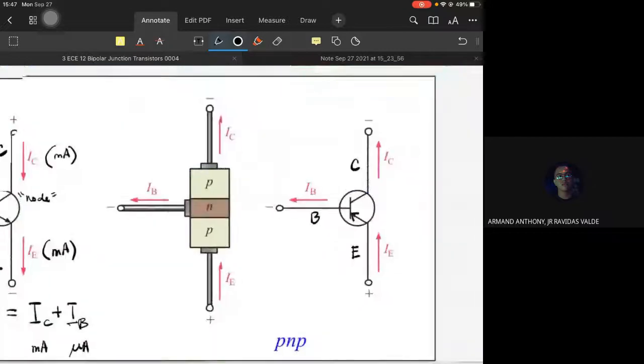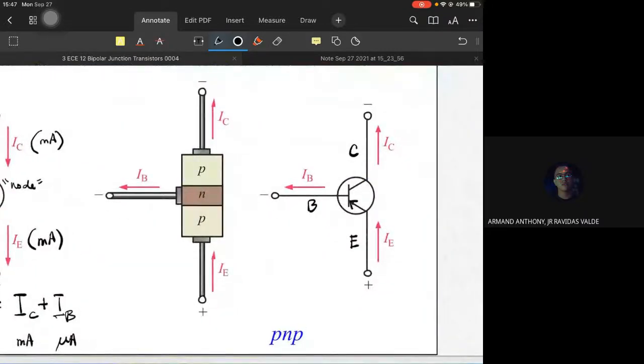So, sa PNP, the same gyapon, no? Even if ang direction sa current is reverse compared sa NPN, ang iyahang current relationship is pareho ra gyapon. IE is IC plus IB ra gyapon, no? So, pasulod si IE, pagawas si IC, ug pagawas si IB.